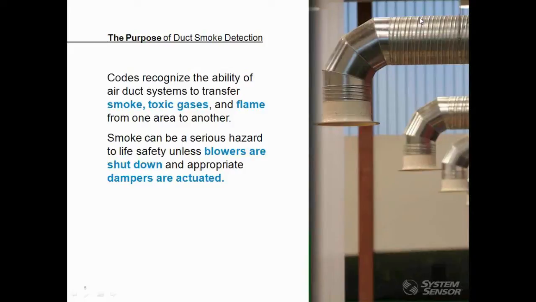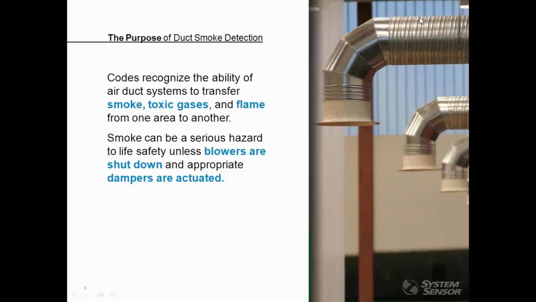So first we want to recognize why duct smoke detectors are required for installation. The purpose of duct smoke detectors is to provide notification that smoke is present in the HVAC system and to shut down associated equipment, because the HVAC system sends conditioned air throughout the ductwork or throughout the entire system.